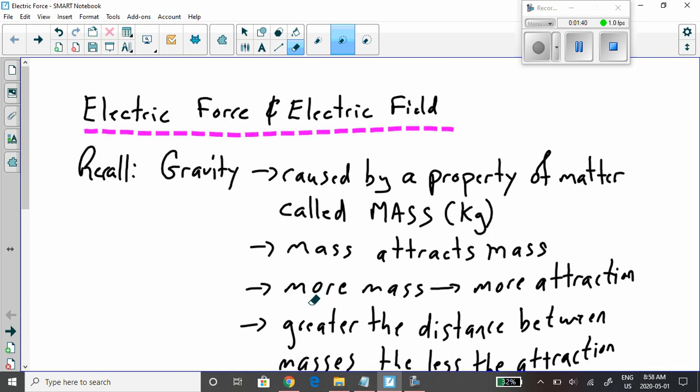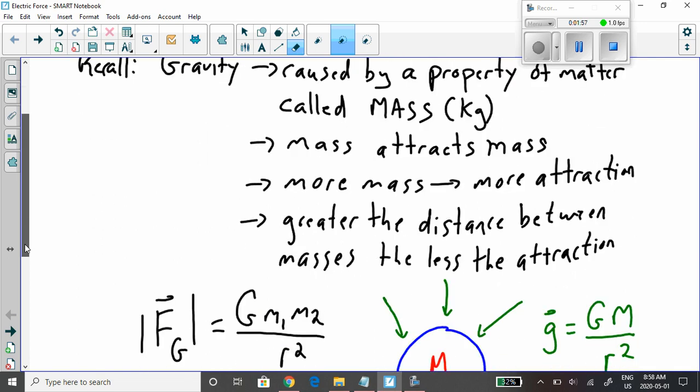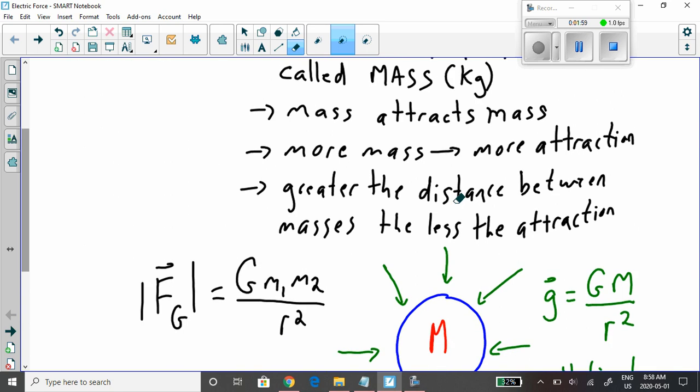Remember the equation, F_g is equal to G m1 times m2. If m1 and m2, one or both of them are bigger, larger mass, larger force of gravity. That same equation tells us that the greater the distance between the masses, the less the attraction.